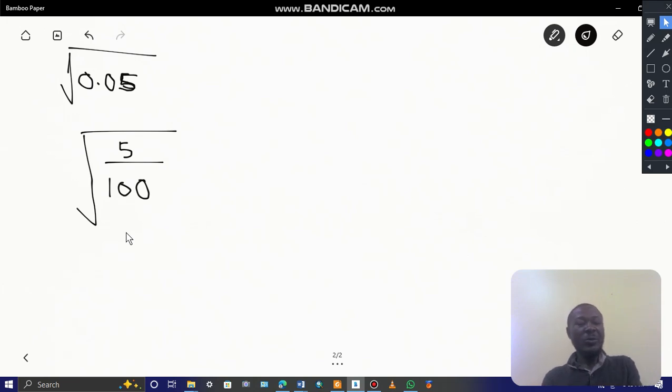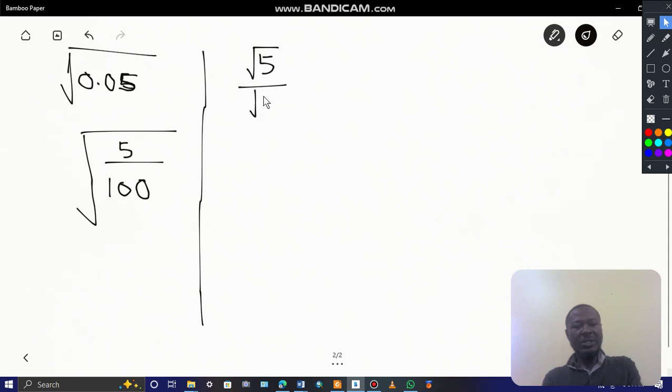Then you use the formula for how to work with fractions when it comes to surds. You can separate that into root 5 divided by root 100. And then you can see that root 100 can be made from root 10 multiplied by root 10.